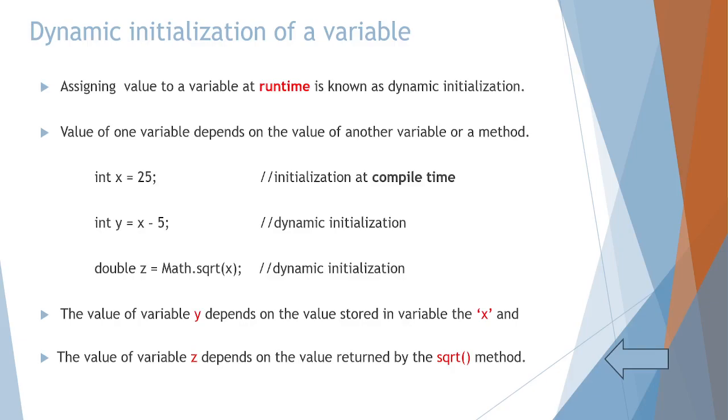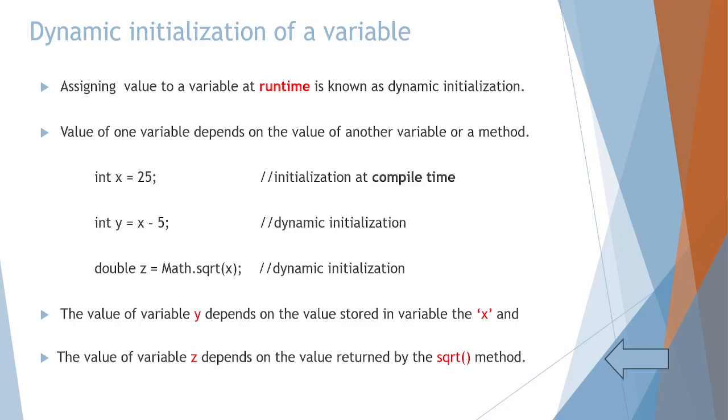The second way is double z = Math.sqrt. sqrt is a method which returns the square root of whatever we send as a parameter. We are sending x over there. So the square root of 25 is 5, which is returned by the Math.sqrt method during the execution.